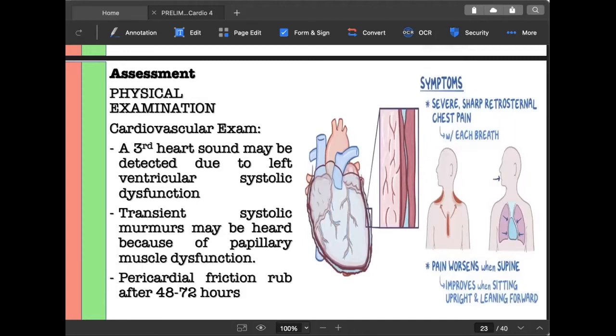It is often described as grating, scratching, or rasping, and the sound seems very close to the ear and may seem louder than, or may even mask, the other heart sounds. Now the sound is usually best heard between the apex and sternum, but may be widespread. Okay, so that is your pericardial friction.